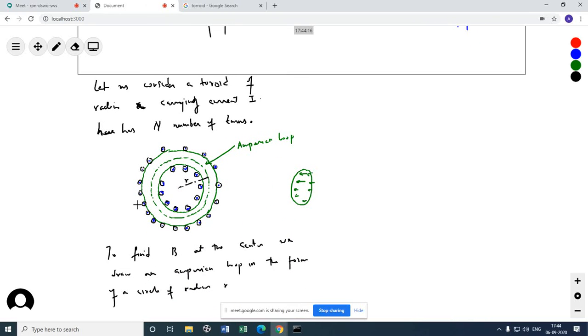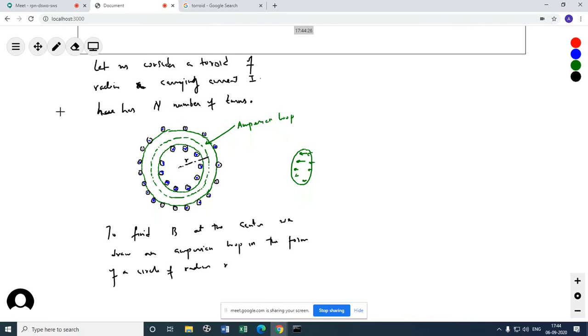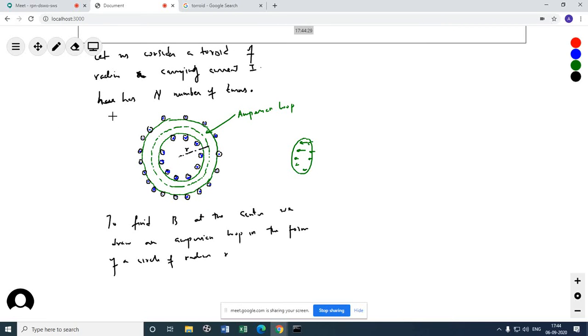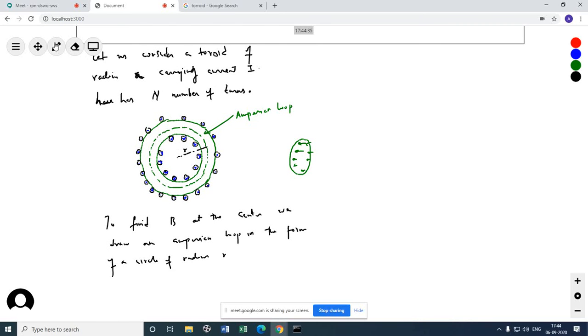So we can find out the magnetic field in 3 regions. Actually, let us draw this. So these are L1, let me draw two more loops. One will be here, one will be here.